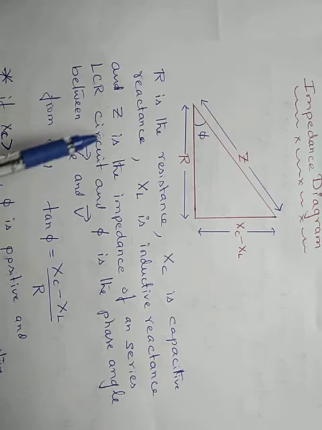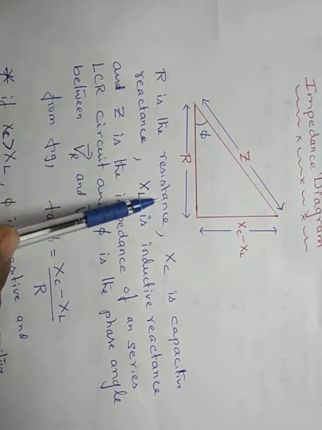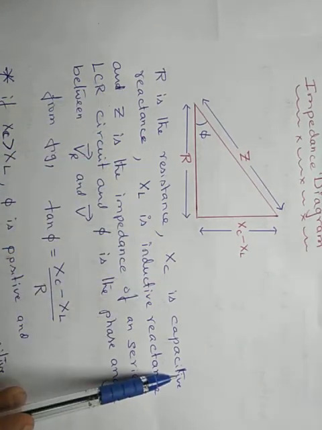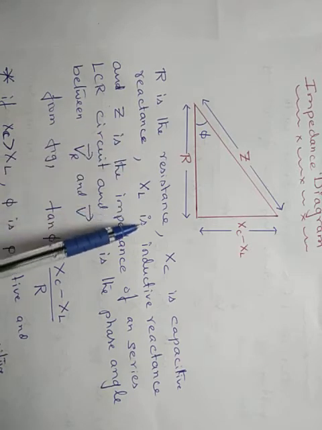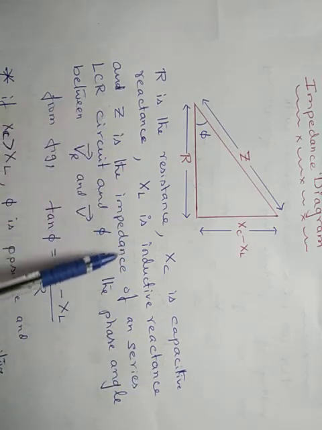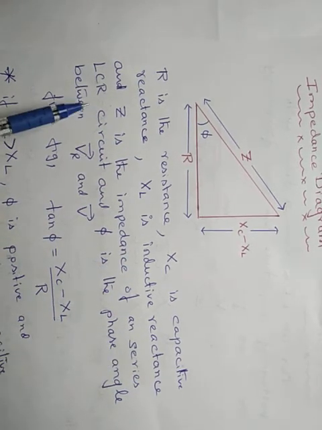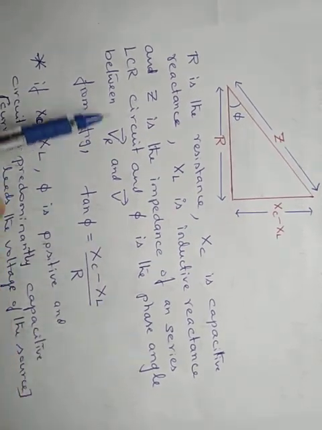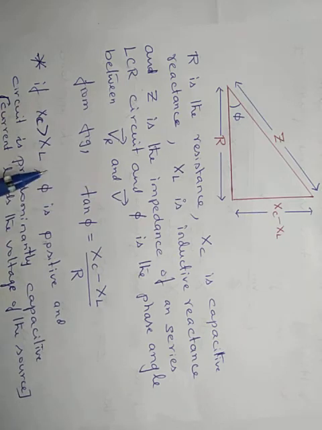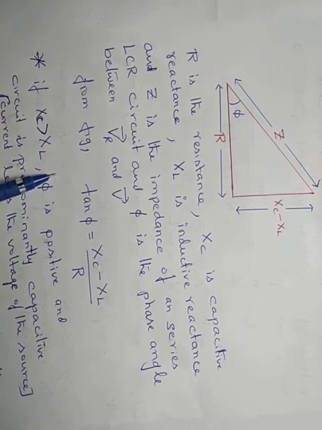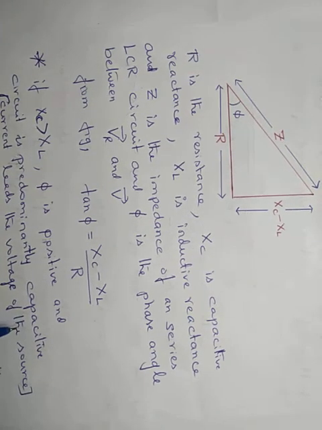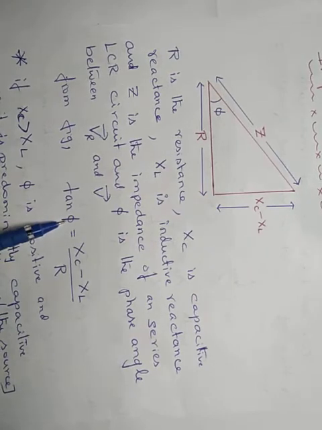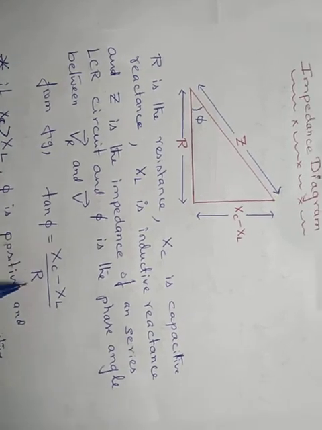You have to write some explanation for this. R is the resistance, XC is the capacitive reactance, XL is the inductive reactance, Z is the impedance of the series LCR circuit, and phi is the phase angle between VR and V in the previous phasor diagram. From the figure, tan phi equals XC minus XL by R.